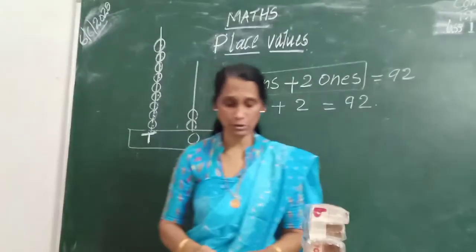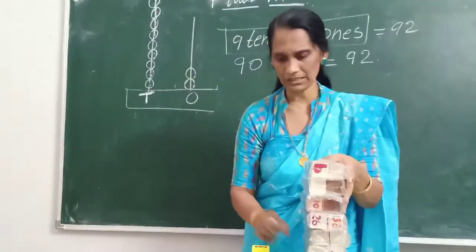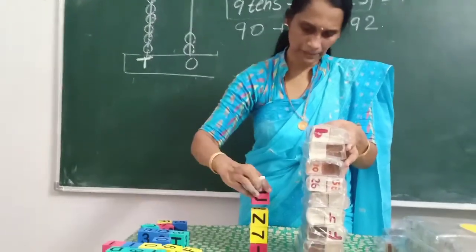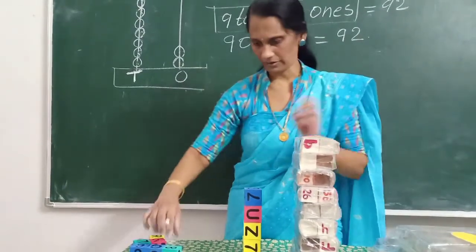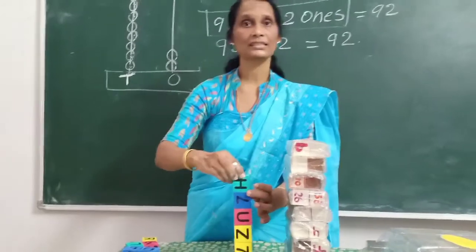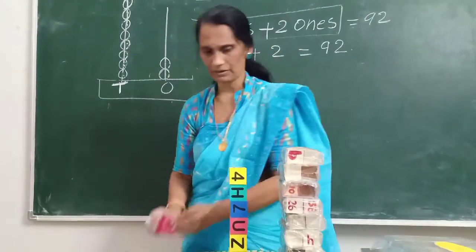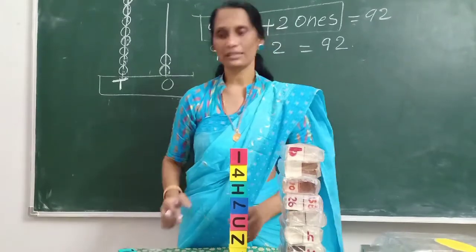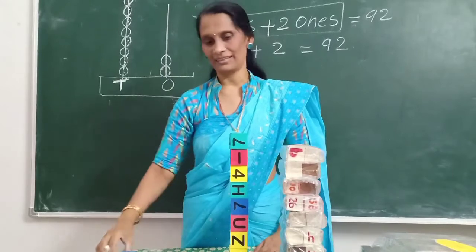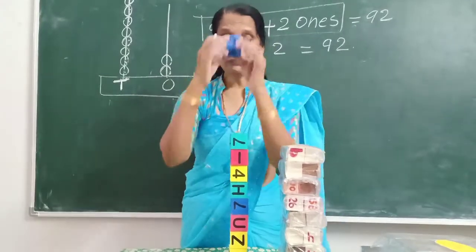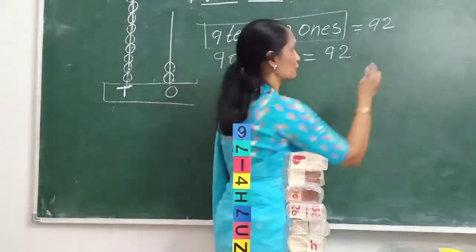Now if you want to show 93, it is 90 plus 3. 90 plus 4, 94. 90 plus 5, 95. 90 plus 6, 96. 90 plus 7, 97. 90 plus 8, 98. 90 plus 9, 99.